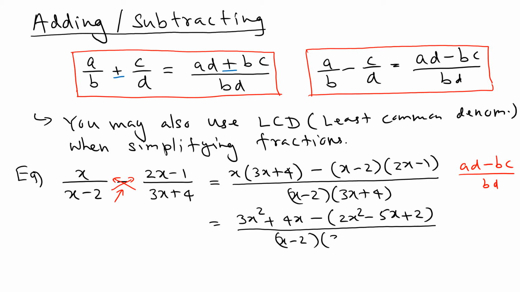Now if you simplify the top, you can see 3x squared minus 2x squared, that means there's going to be x squared. And if you look at the x terms, you have negative 5x, that means positive 5x, with 4x is going to be 9x, and then the number is negative 2, divided by the product in the bottom. You can either write this version or the expanded version.